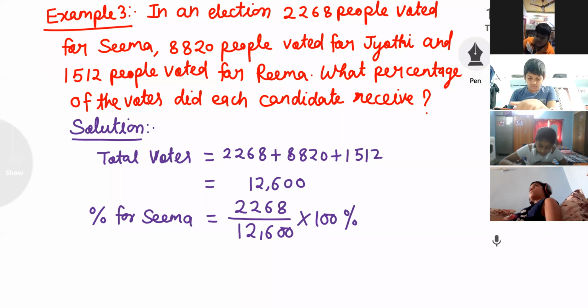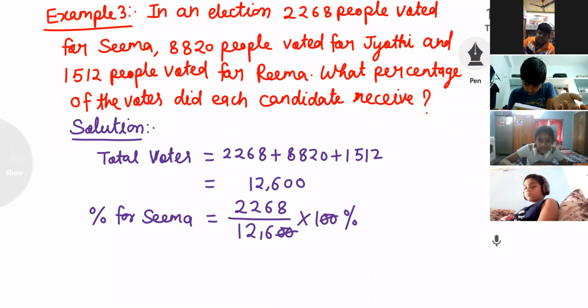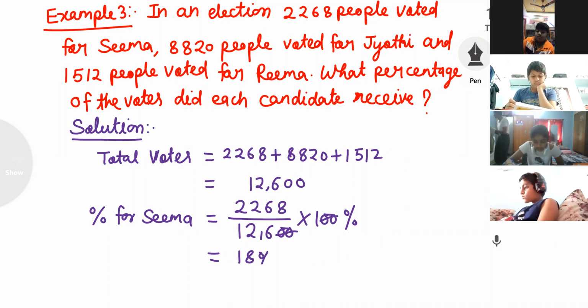Like the divide concept. Seema got 2,268 votes, but total vote is 12,600. 0, 0 cancel. 12 ones are 12. Next, 8, right? Seema received 18% of the votes.